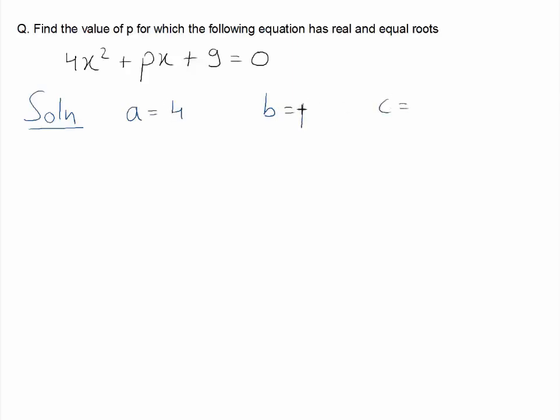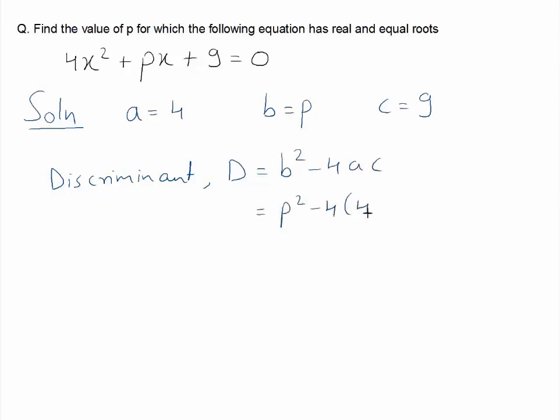So a is 4, b is p and c is 9. Now the discriminant D equals b square minus 4ac, which equals p square minus 4 multiplied by 4 and 9. So this equals p square minus 144.